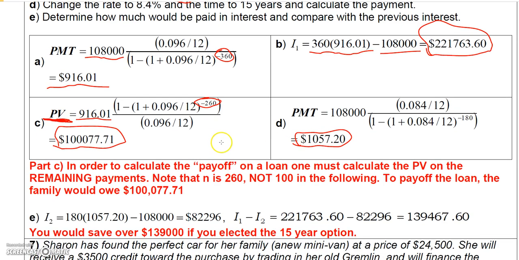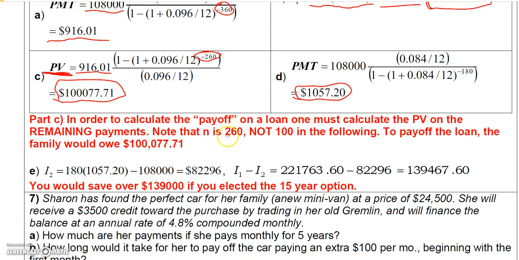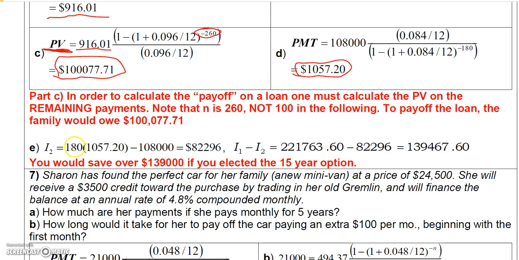And then E says compare the interest rates. Well, if you make 180 payments of $1,057.20 and subtract off the 108,000, then you would pay a total interest charge of $82,296.